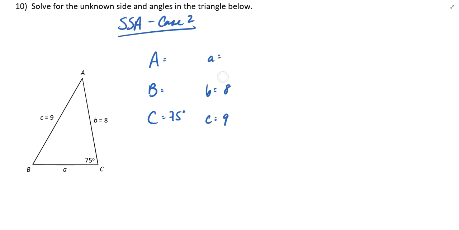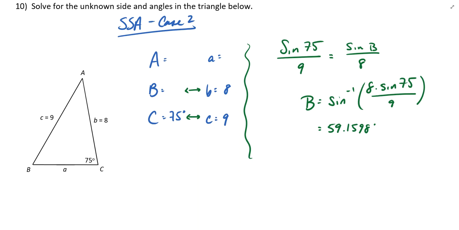So when we build our table of results, it's pretty easy to see that angle B is what we'll solve for first. We have values that are across from one another in terms of C, so we can set up the law of sines to solve for angle B. So using the same setup as before, it appears that angle B is equal to 59.1598 degrees.